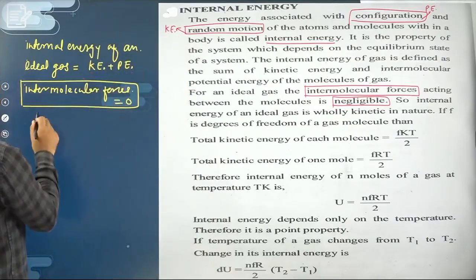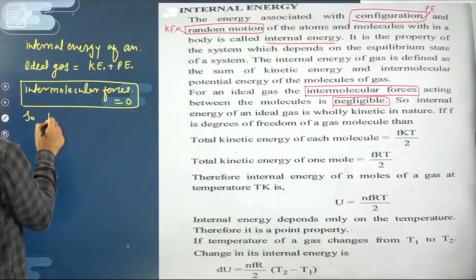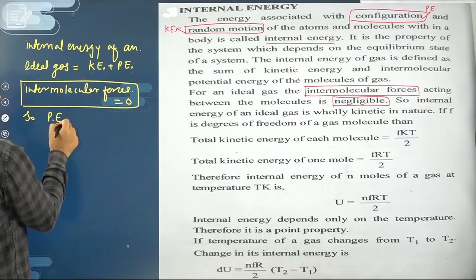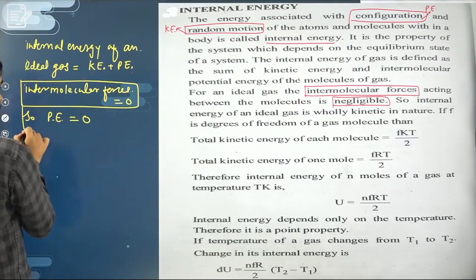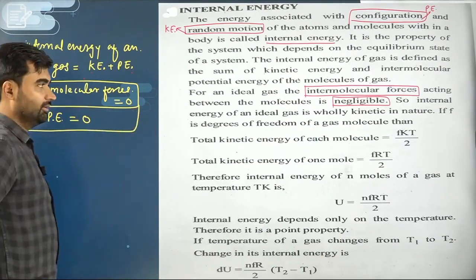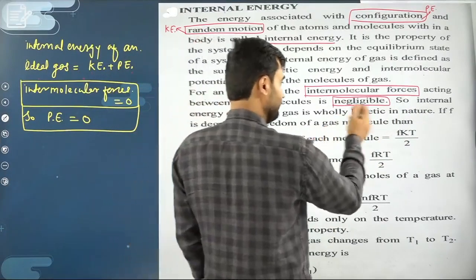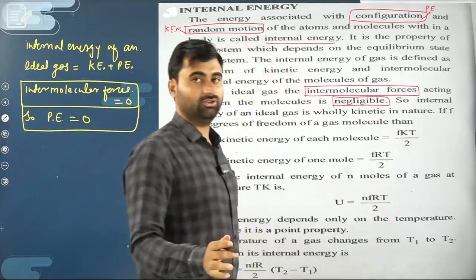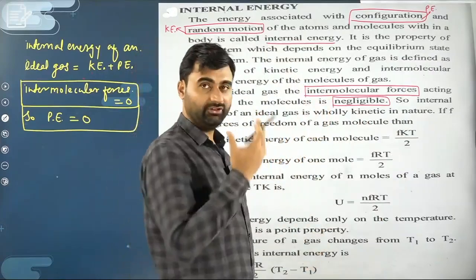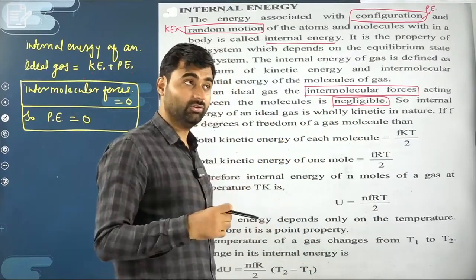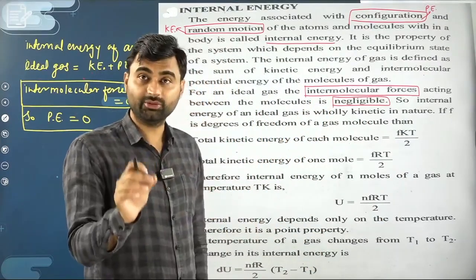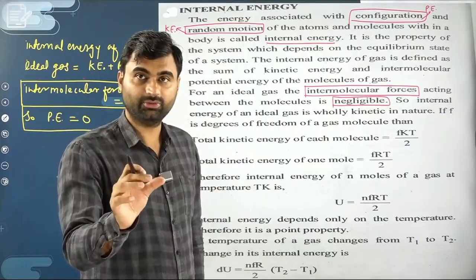So the potential energy of an ideal gas is also 0. So the internal energy of an ideal gas is completely equal to kinetic energy, because intermolecular force is 0, so potential energy is 0, because potential energy is only due to intermolecular forces.